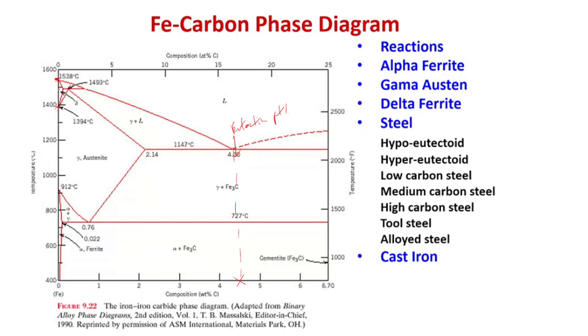Peritectic, I don't know the meaning exactly, but as far as I know, peritectic is just that reaction of two solid phases turning into one solid phase. Two solids turning into one solid phase: the alpha plus gamma turning into beta phase.